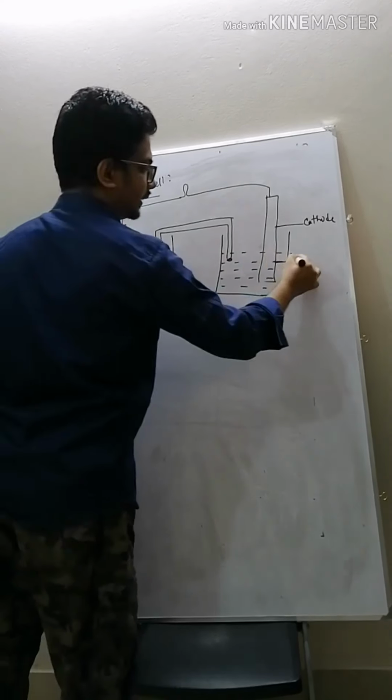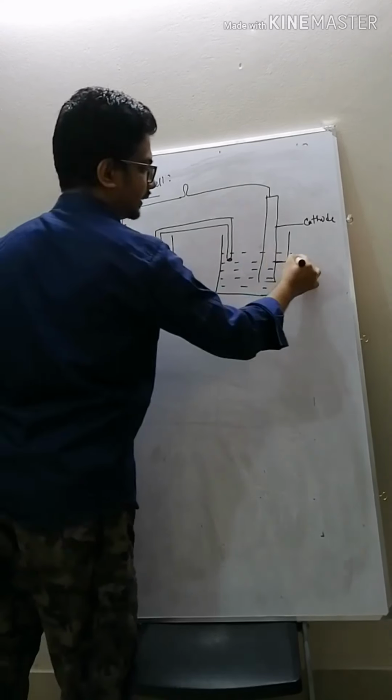Okay, and in anode zinc will donate 2 electron and it will produce zinc 2 plus ion, and in cathode copper 2 plus ion will receive these 2 electron and produce copper solid or copper metal. And this zinc may lower in size, and the copper is higher or bigger in size.